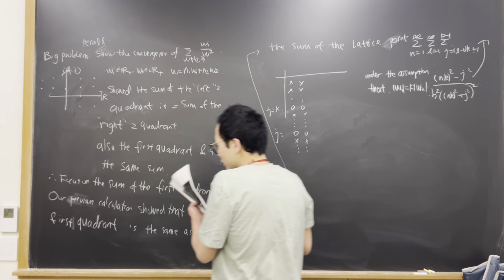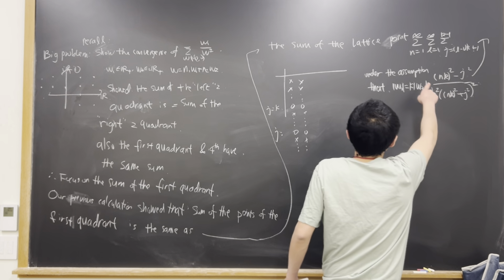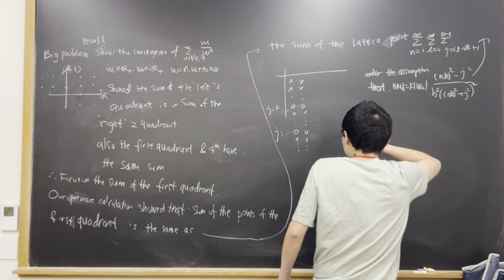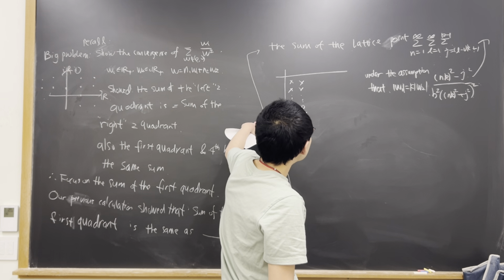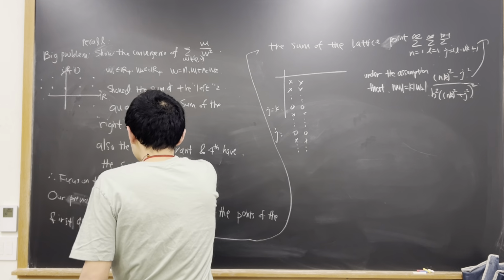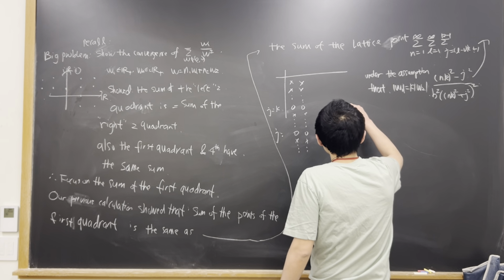Last time we showed that in order to show the convergence of this guy, we use the barrier argument.